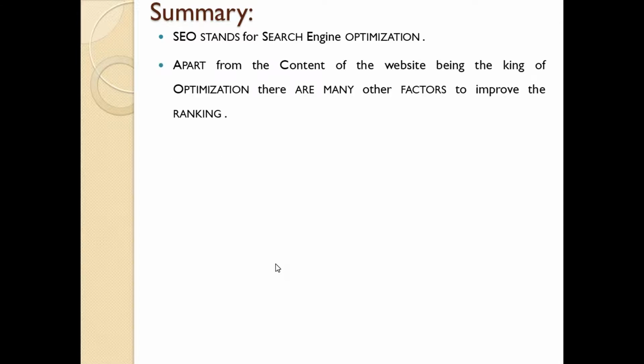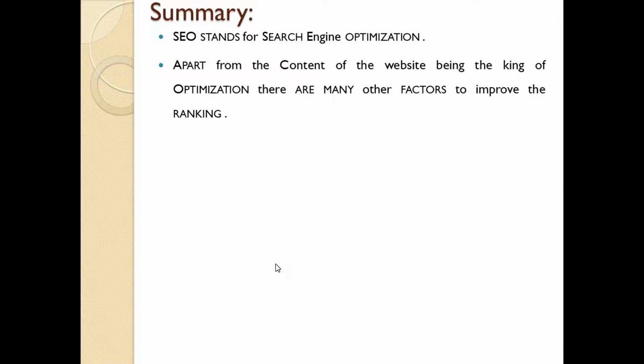Now let's have the summary of the complete chapter number 2. The first is SEO. So basically what is SEO? SEO stands for search engine optimization. Apart from the content of the website being the king of optimization, there are many other factors to improve the ranking.